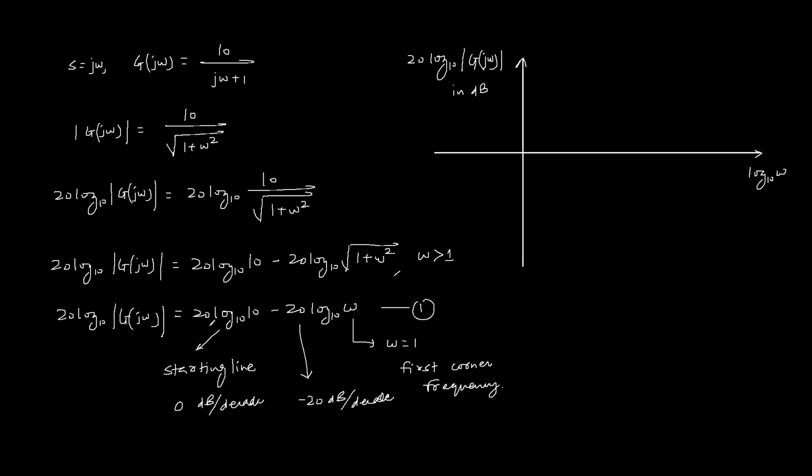The starting line is 20 log 10 base 10, and log 10 base 10 is 1, so the value of the starting line is 20 dB.